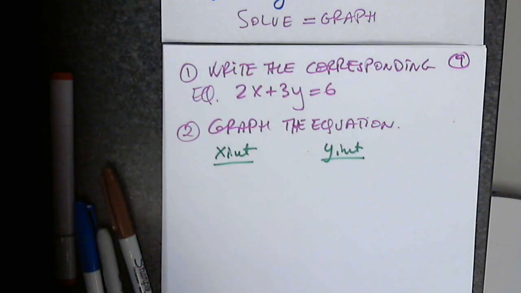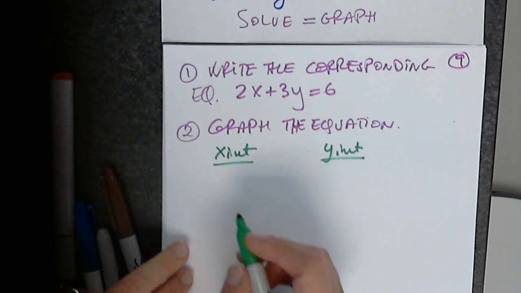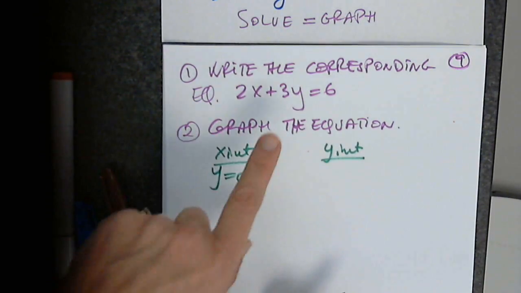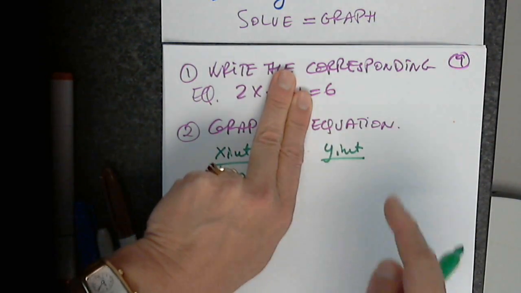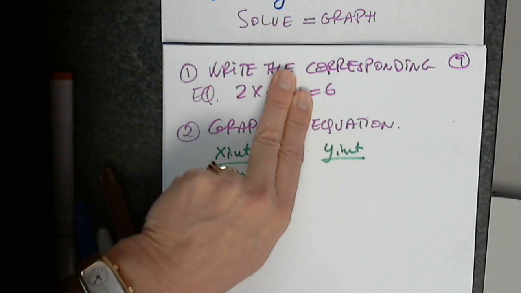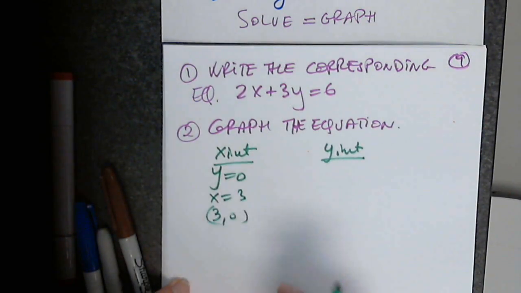So, anyone? How do I find the x-intercept? Thank you. Again, I refuse to believe that only Heather knows this. So I cover x because it's 0. Can anyone give us x? Very good. Excellent. So the first ordered pair is (3, 0).